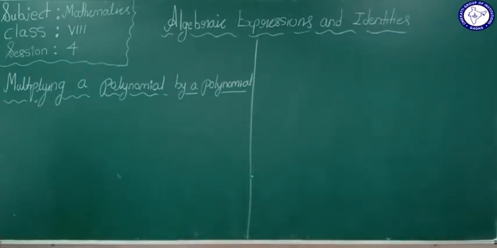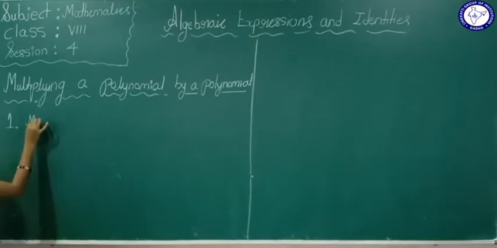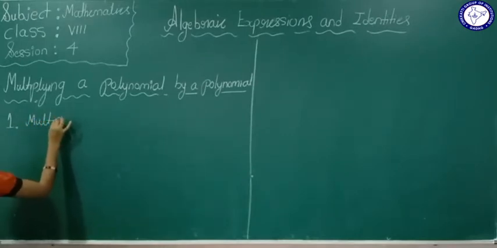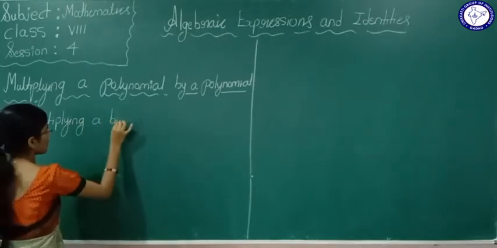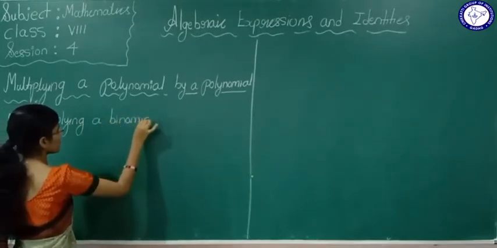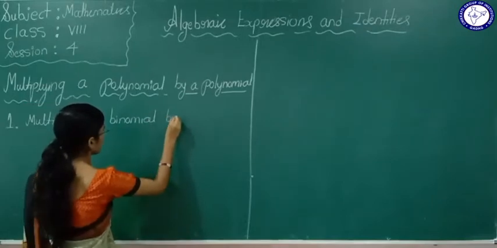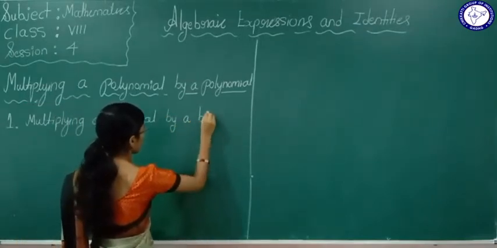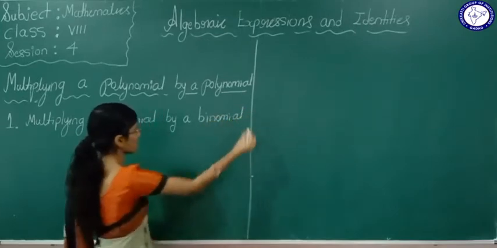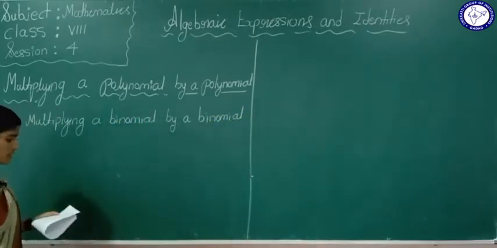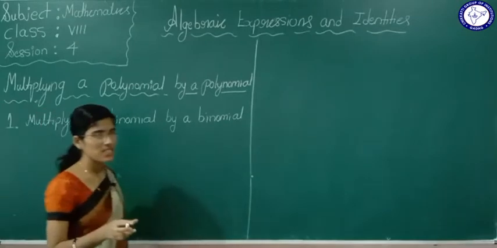So in this we are going to read first one, multiplying a binomial by a binomial. Okay. So I will consider examples from that only.